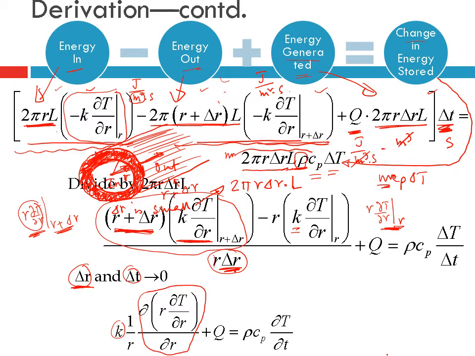And then we still have this 1 over R here, and of course our K. Q stays as before, rho Cp, and then del T, as delta T goes to 0, limit as delta T goes to 0, then we get the derivative.